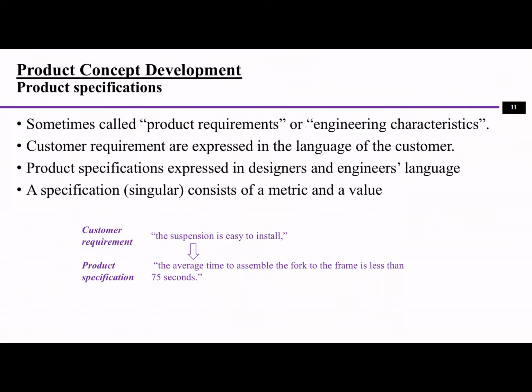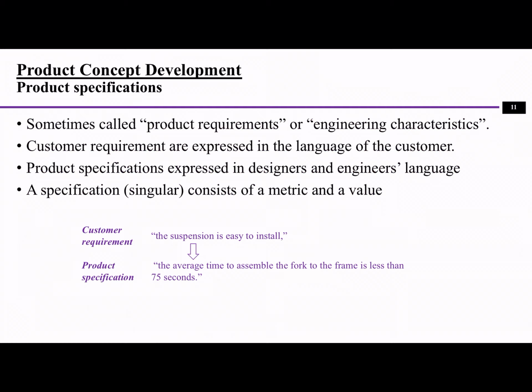All right. So next is to come up with product specifications. Product specification is different from product requirements, and also different from customer requirements, right?